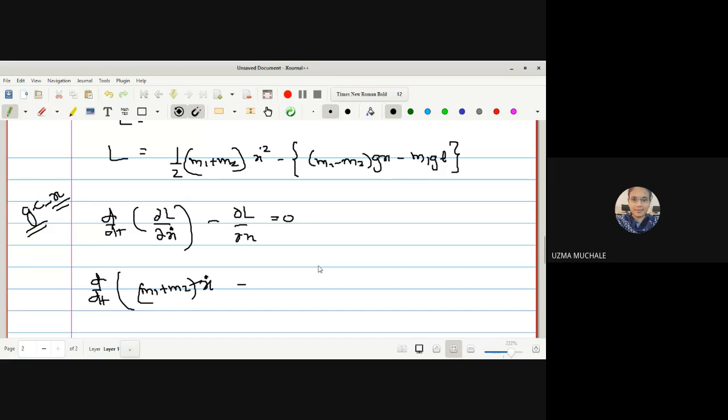No, ma'am. So what is the derivative? It will be 0. Now the derivative of L with respect to x. What is the derivative? There is no term of x in the first one. So we have to go for the second one, minus. So with the negative sign, this (m1 minus m2) g as it is. Correct? This is plus, no, minus.